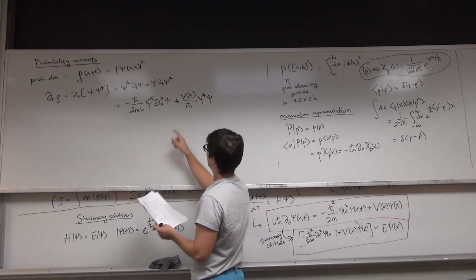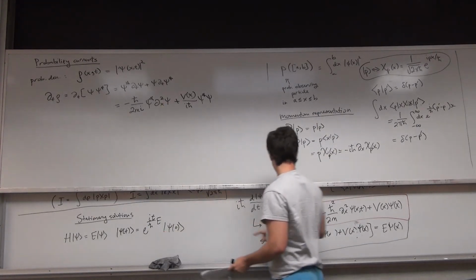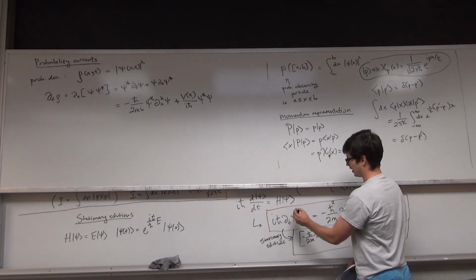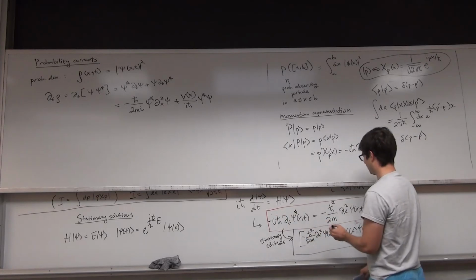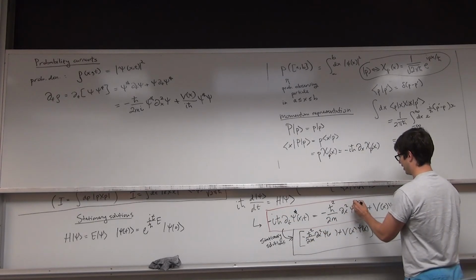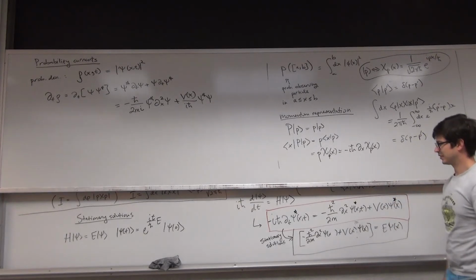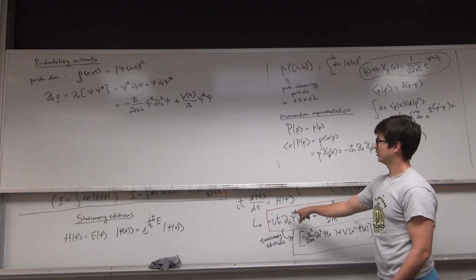The second term we can just take the complex conjugate of both sides of this equation, and we could put a star here and a minus sign there if we want, and a star here. The potential is real, so nothing happens there. So now we know what this is.